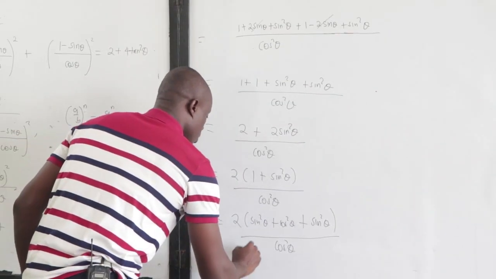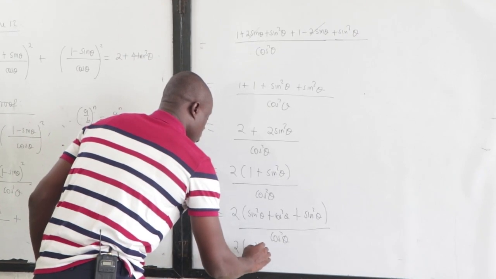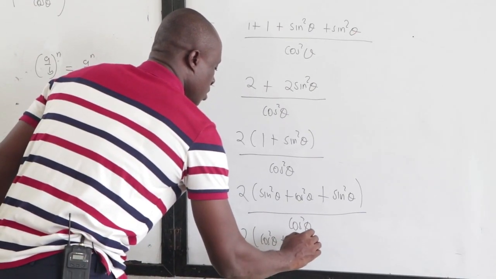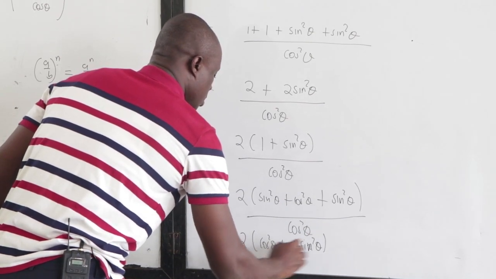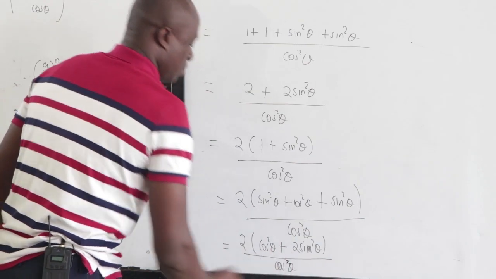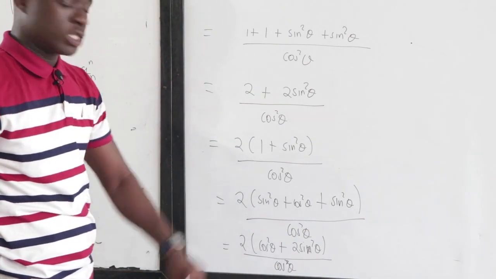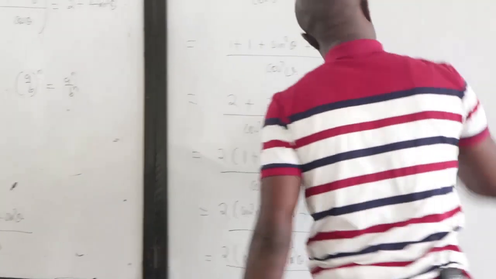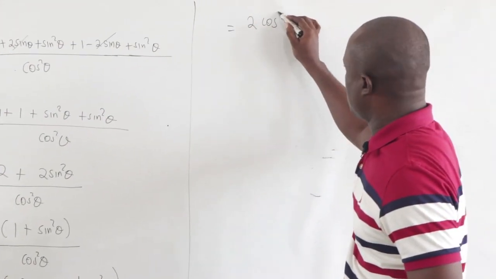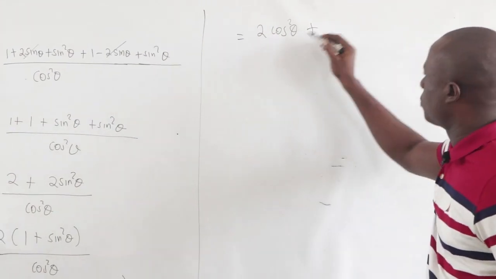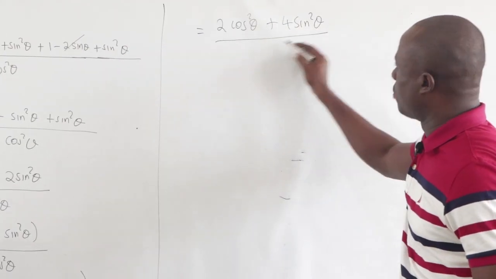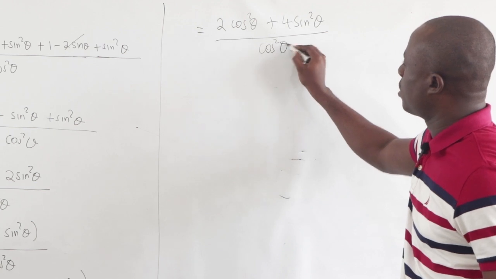So you have 2 to bracket cos square theta plus 2 sine square theta all over cos squared theta. We can multiply through with the 2, and when we expand, we are going to get 2 cos squared theta, 2 times 2, that is 4 sine squared theta all over cos squared theta.